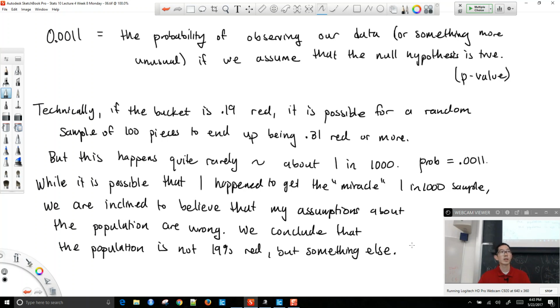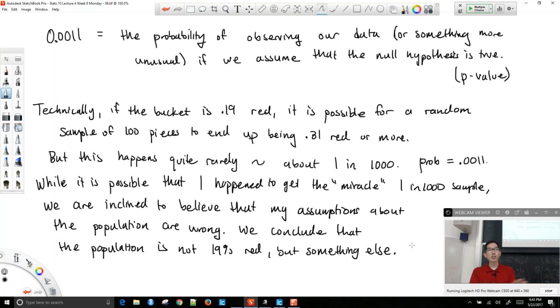Again, when we do hypothesis testing, we say, if the null hypothesis were true, what do I expect to see? I expect to see 19% red. What did I observe? I observed 31% red. Is 31% very different from 19% red?